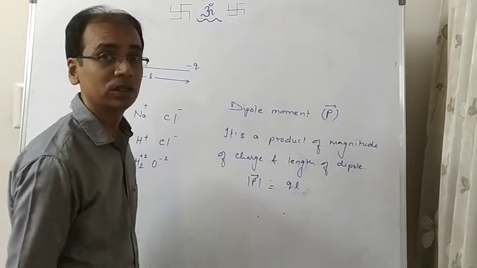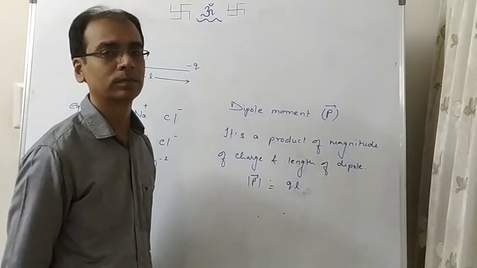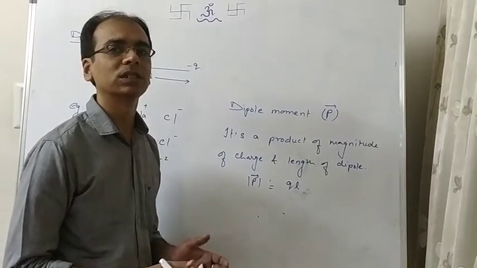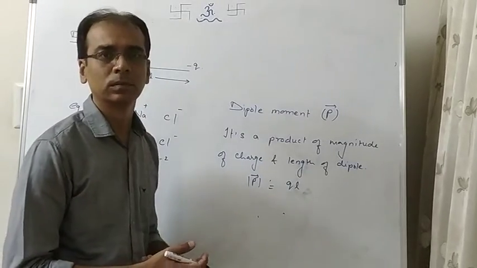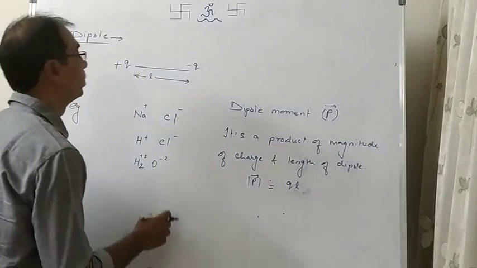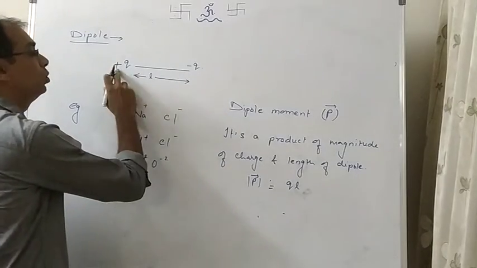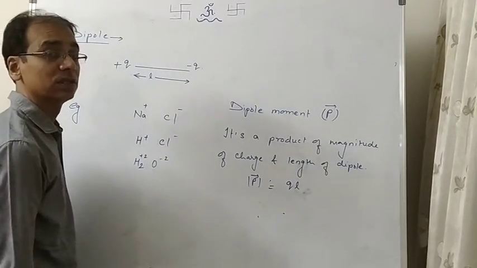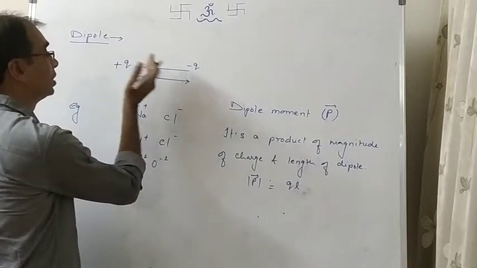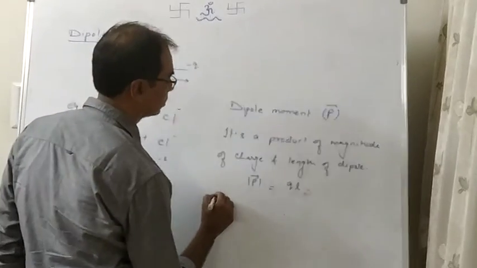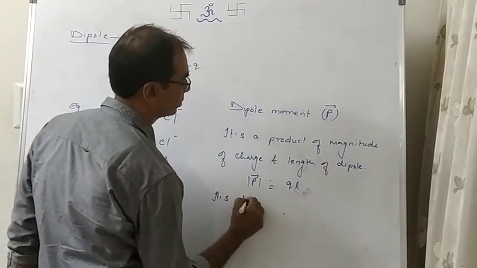What about its direction? Its direction is fixed. Its direction is not going to change. This is how it is defined. The direction of the dipole moment is always taken from negative charge to positive charge.